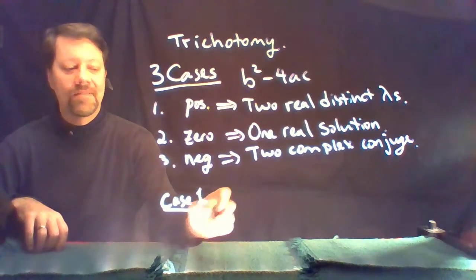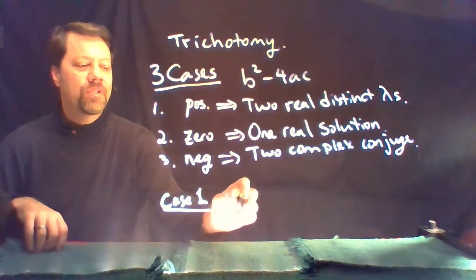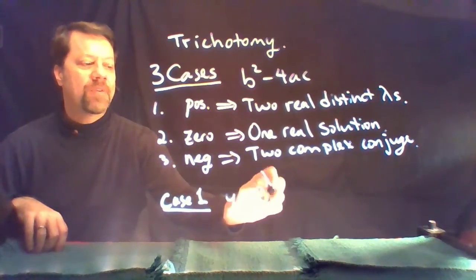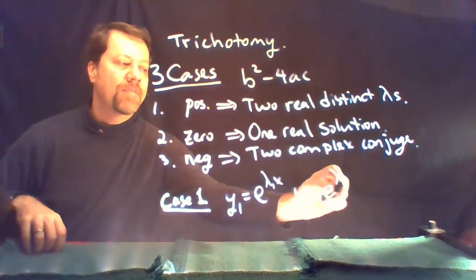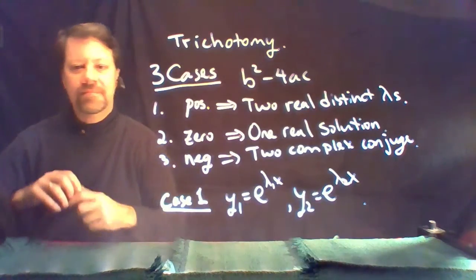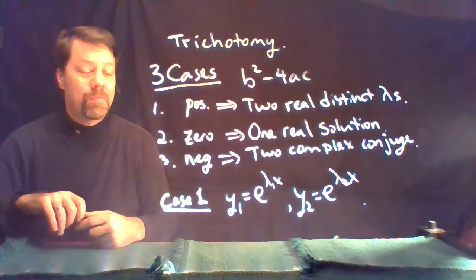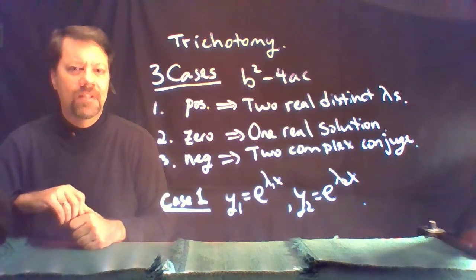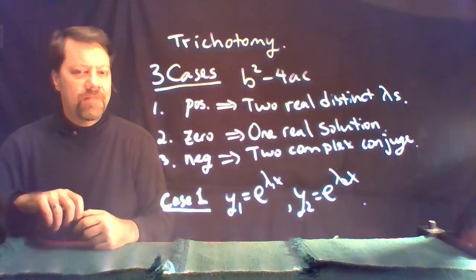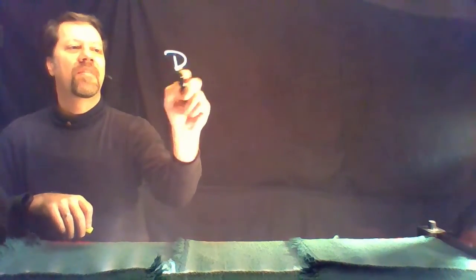In case 1, you have two solutions, e to the lambda 1 x and e to the lambda 2 x. These are both solutions. Are combinations of these also solutions? We need to investigate that. First, some terminology.